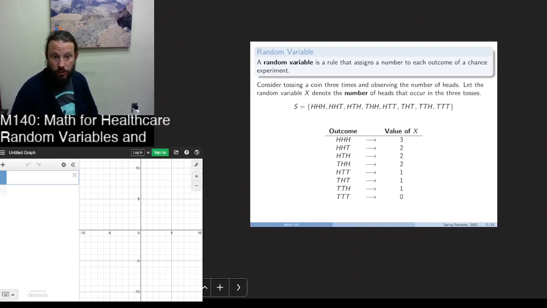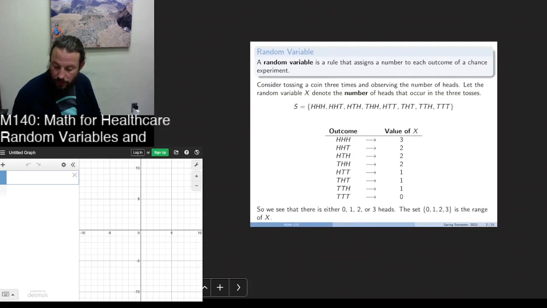So on and so forth throughout, where all tails would be 0. If you need a minute, pause and take a look at that. All right, so it's a value for each outcome. Now, like I said, the set 0, 1, 2, 3 is the range, and those are the values that x could take on.